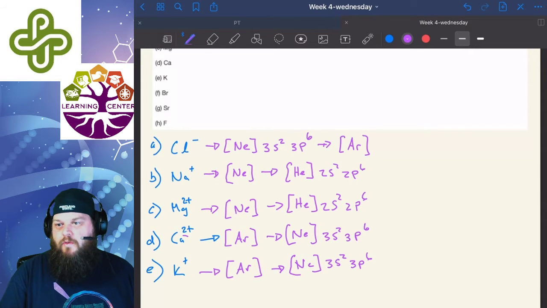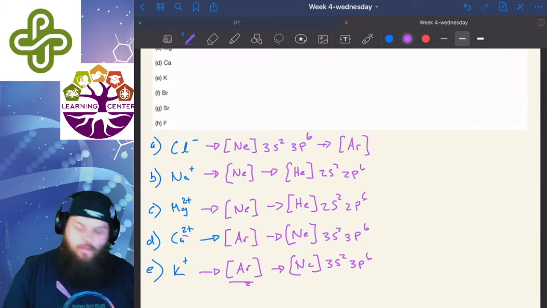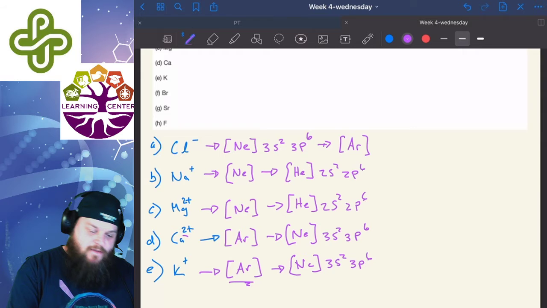But argon core is good enough. We could write the entire thing out as 1s2, 2s2, 2p6, 3s2, 3p6, but that becomes really long and tedious to say for all of these different things, which is why they came up with this core notation. Saves a lot of time.